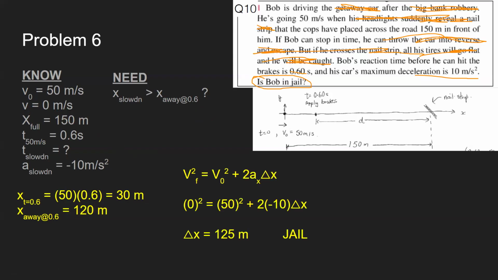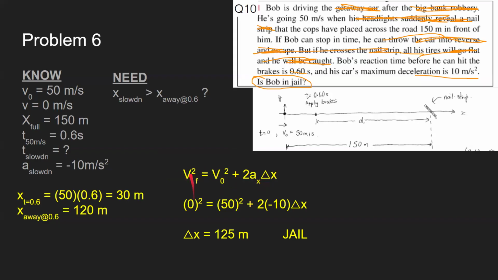So now we can use this equation to find out the distance. And guess what? We use this equation once again because we don't know time. We don't know the time that it takes for him to slow down, so why use an equation that has that? That's pointless. So let's use the equation that doesn't have time in it.